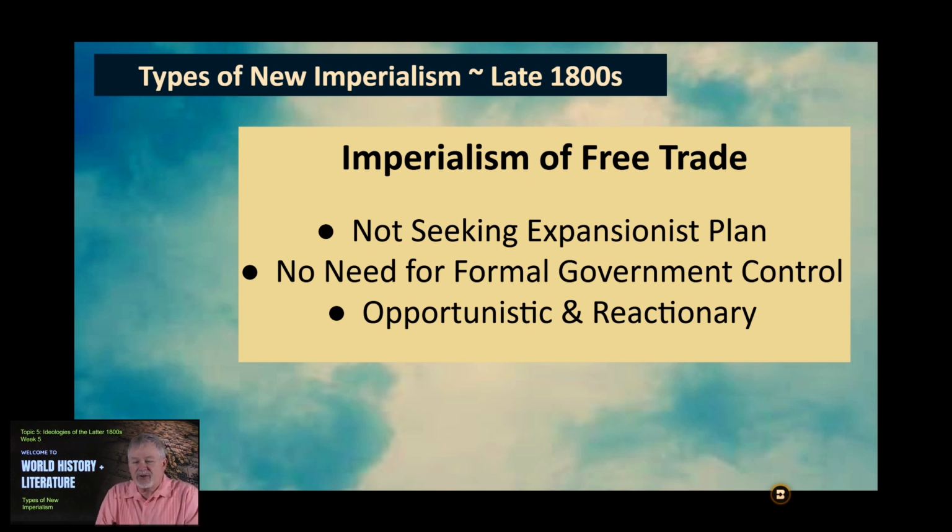The British don't have to go in and set up a whole government with all of their people and their military. It's really a kind of business contract. We'll work with you, you work with us, and as long as that works, everything's fine. It's very opportunistic. Something pops up, gold is discovered somewhere, boom, you jump on it and try to set up some sort of agreement to get what you can there.